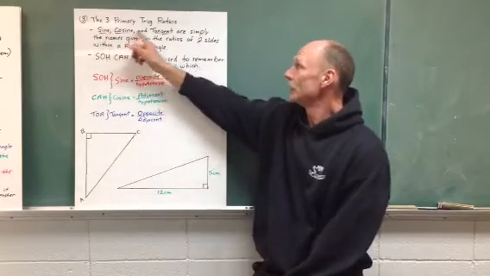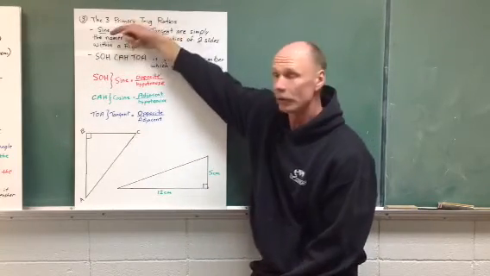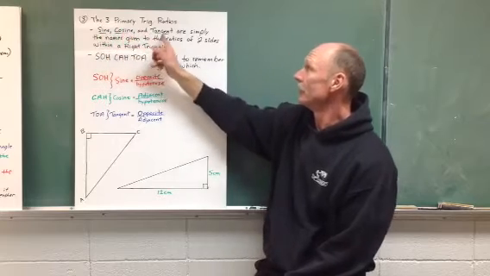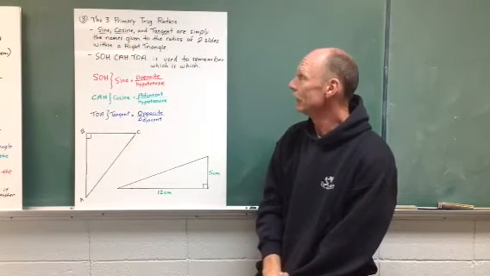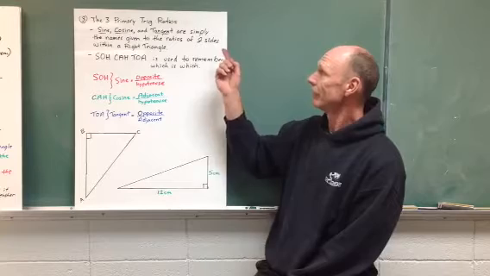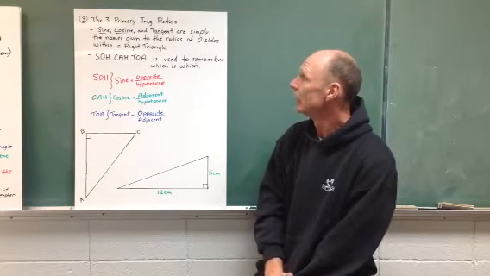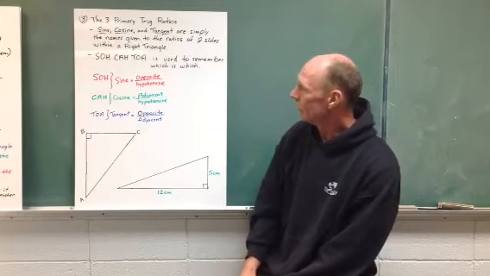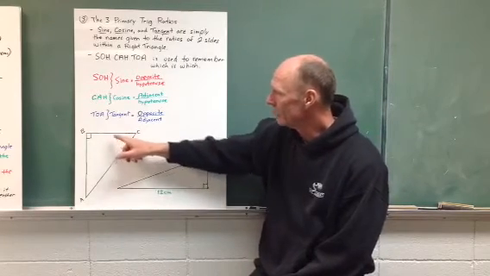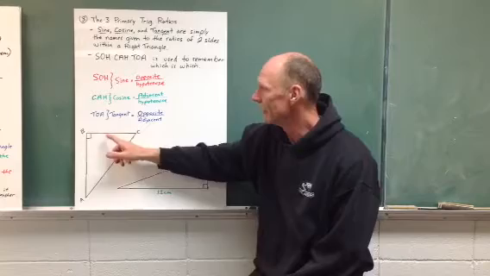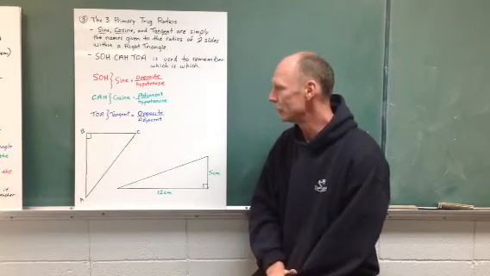The names sine, cosine, and tangent will abbreviate to sin, cos, and tan. And what those words mean is, they're simply names given to ratios of 2 sides of a right triangle. Simple as that. If we were talking about the ratio of these 2 sides, or these 2 sides, or these 2 sides, they would have different names.